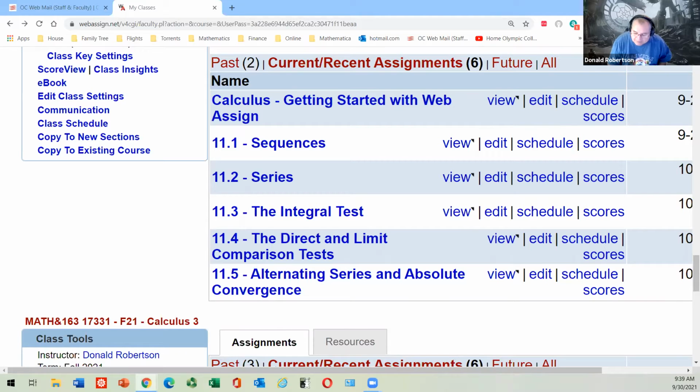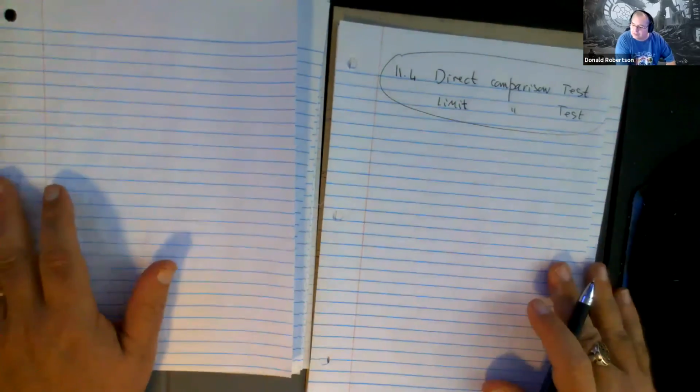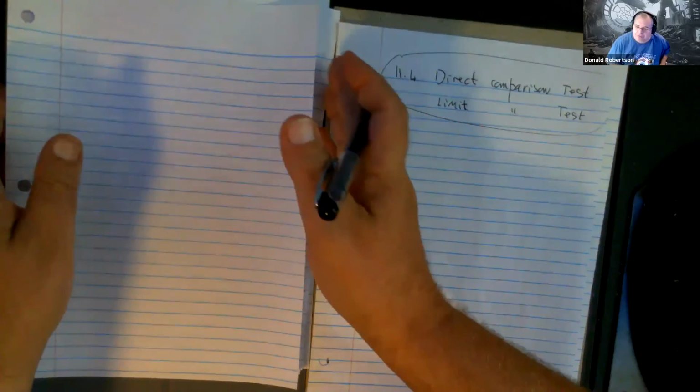And this one is a lot easier. So guess what? I think you'd agree the integral test has got a lot of stuff going on, a lot of things you can go astray on. You're going to find that these tests, the direct comparison test and the limit comparison test, are in comparison going to be relatively easy.